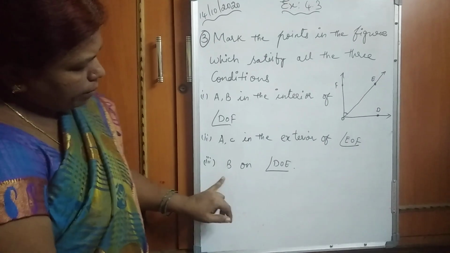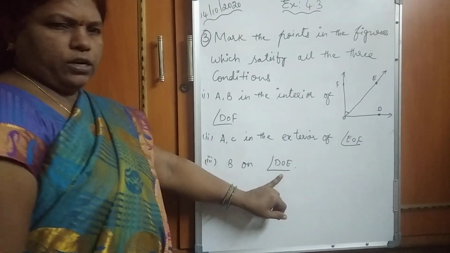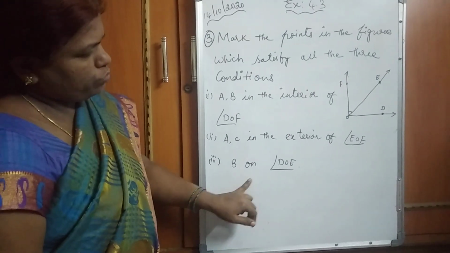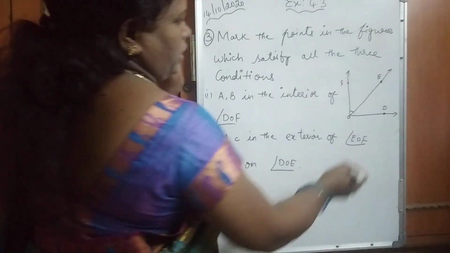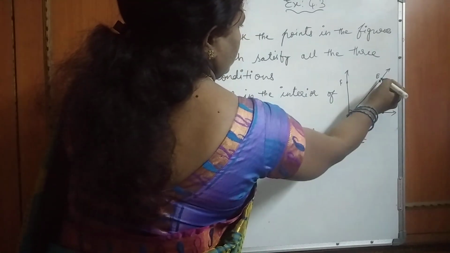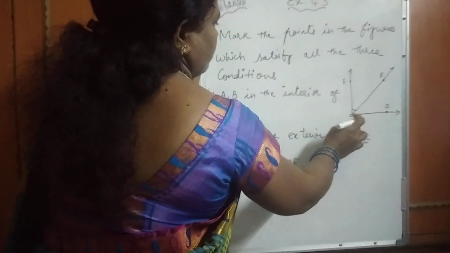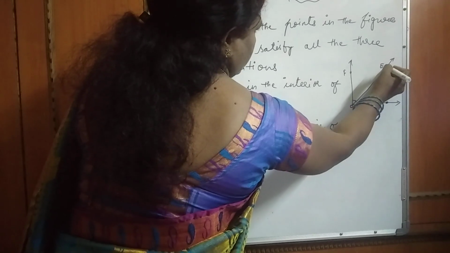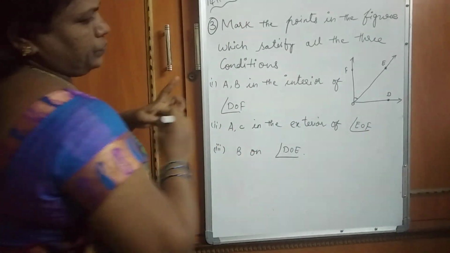So, B on angle DOE. This is the third condition. The B point should be on DOE. Here somewhere you can point, on means you can mark on this line.